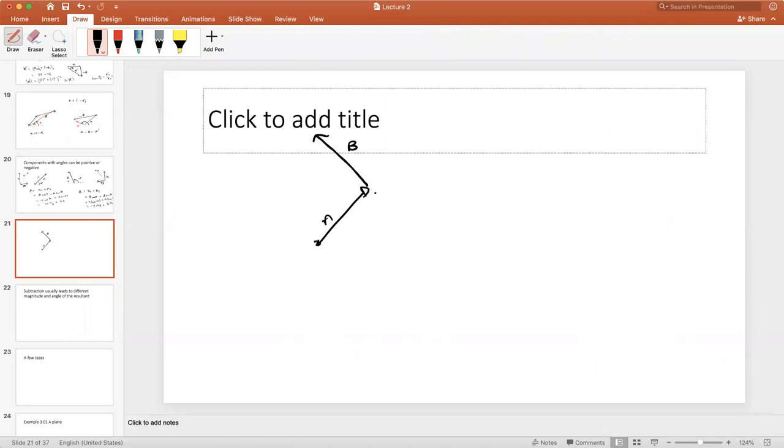Another way to see this is that I know that it's A of Y plus B of Y, and A of X plus B of X. Okay, so now my resultant is A plus B.